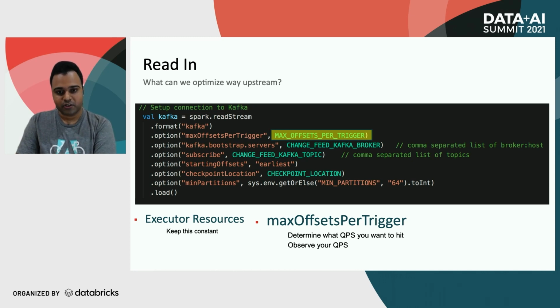So if you want to go for 1,000 records per second, in that case, if you have a 30 second trigger interval, you need to pull at least 30,000 offsets per trigger. So this is something to be extremely conscious of.